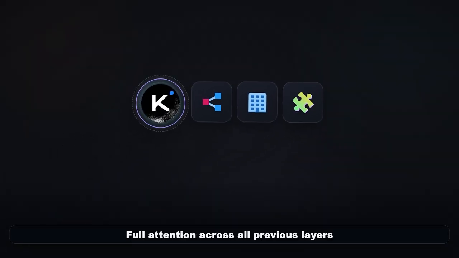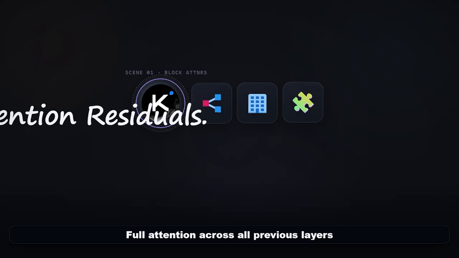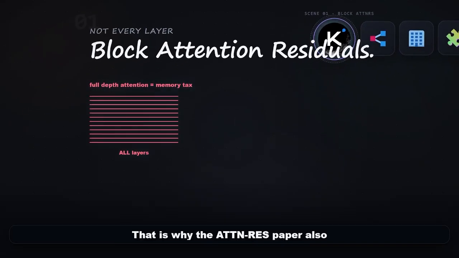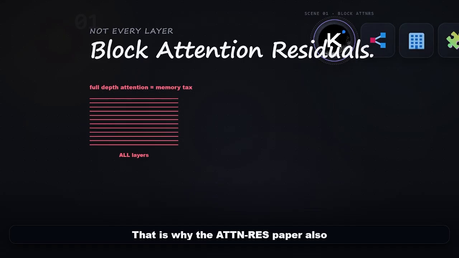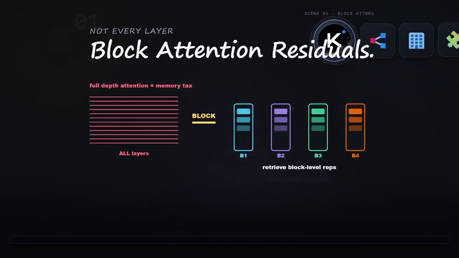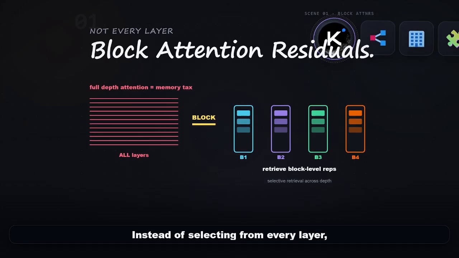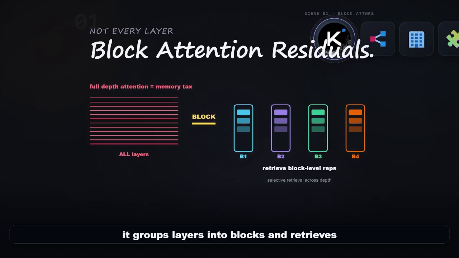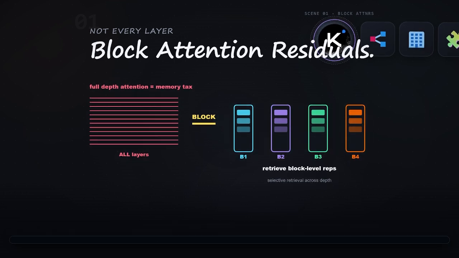Full attention across all previous layers would introduce its own memory and communication cost. That is why the ATTN-RES paper also introduces block ATTN-RES. Instead of selecting from every individual layer, it groups layers into blocks and retrieves block-level representations.